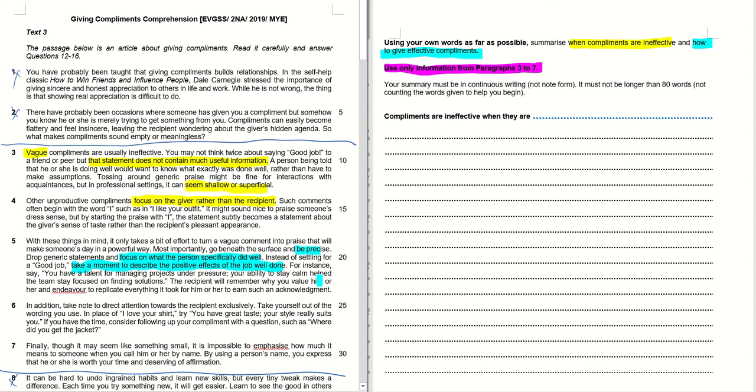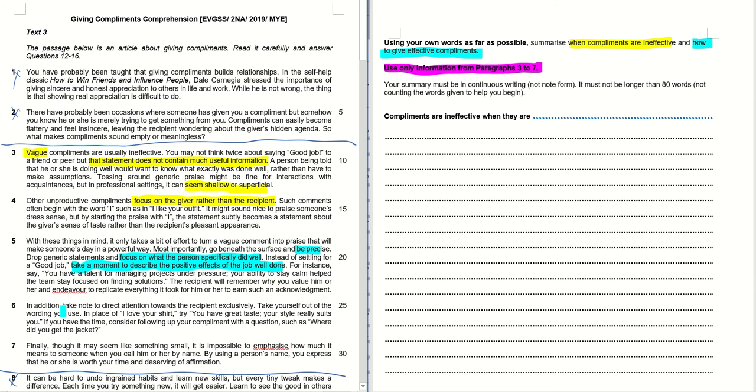For instance, that is a signal word to tell me that what follows is going to be an example. So now skip that. The recipient remembers why you value him and endeavors to replicate everything. How to give effective compliments? Not answering that.